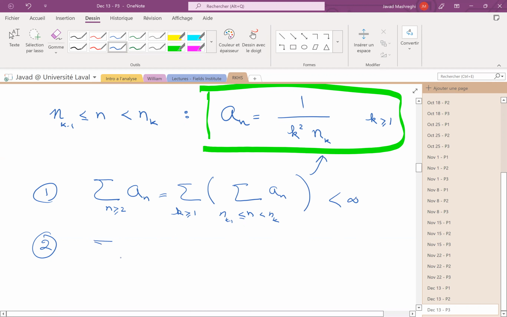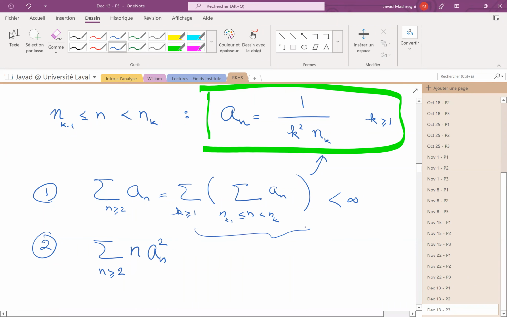And second one, to show that it's in the Dirichlet space, we have to calculate the Dirichlet integral. And this is the sum of n squared, precisely the same strategy as above. And this is even better.